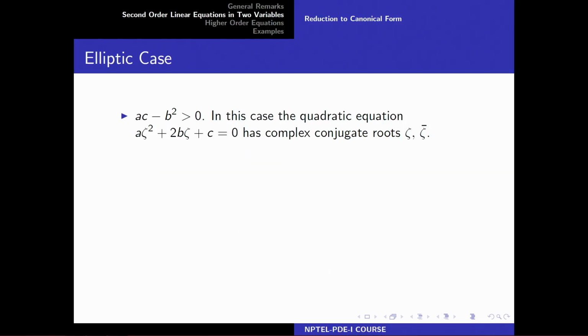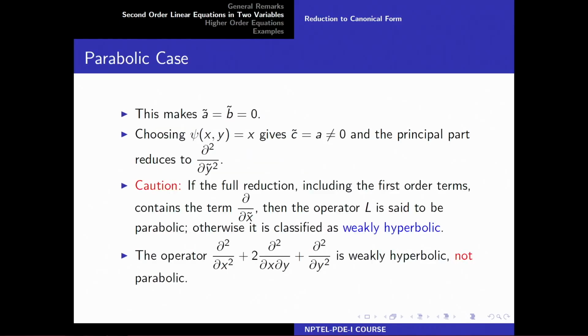And add to that, something usually not mentioned in many textbooks, that we have something very close to hyperbolic as well as parabolic. It is not parabolic. It is called weakly hyperbolic. AC minus B square is 0 here, so the quadratic equation does not have two real and distinct roots, there is only one double real root.